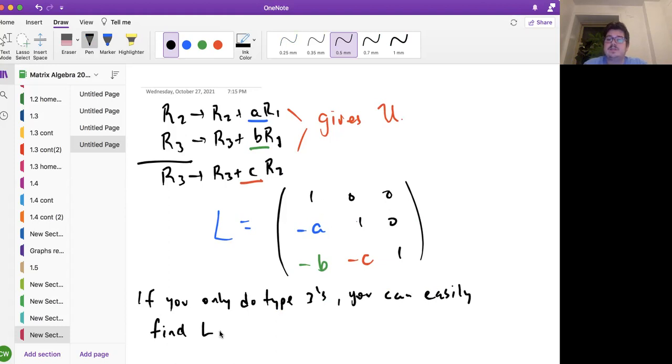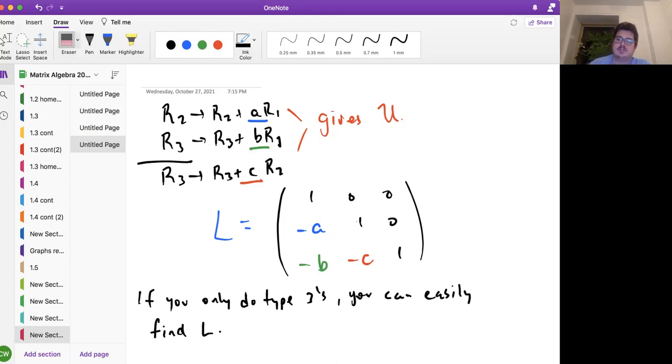See how handy that is? So if we understand this formula for doing row reduction only using type 3, so now we're ignoring type 2s because that could change something, right? Maybe I multiply a row by a number or something, and that might change this very handy formula. So if I only do type 3s, then LU factorization is very easy.